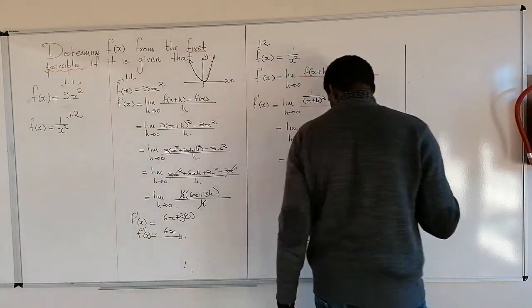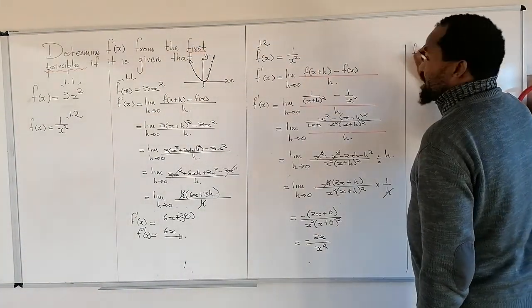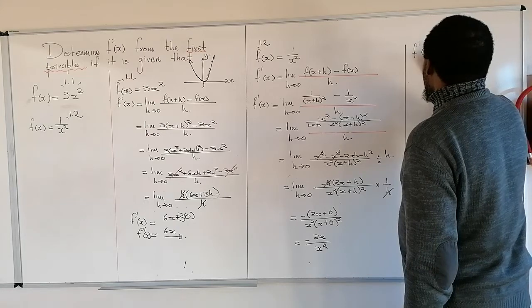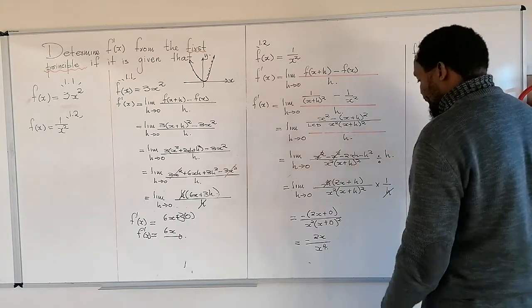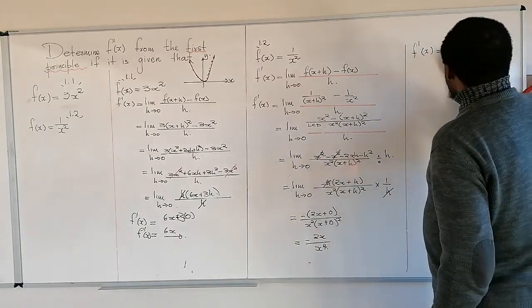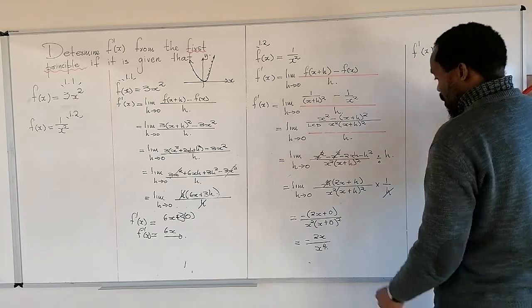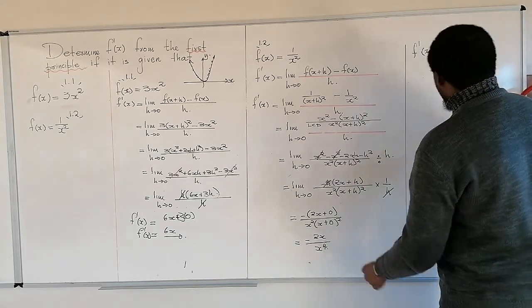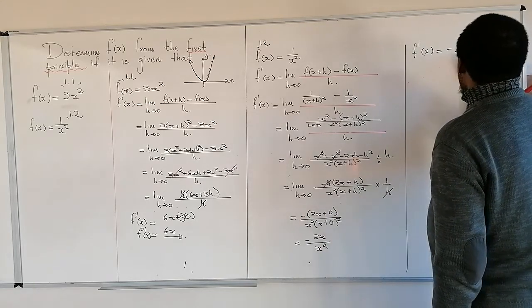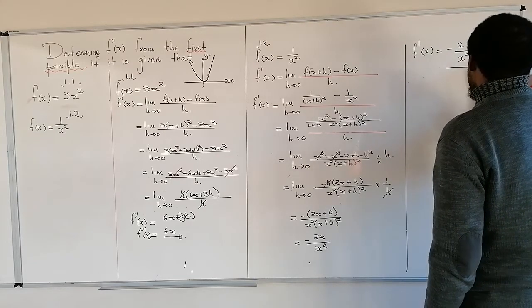Let's take it up there. The derivative of f with respect to x is minus 2. I'm dividing x by x to power 4, which is x to power 3.